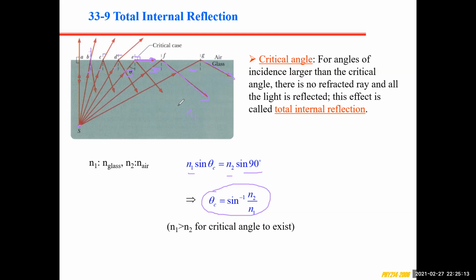Okay, so this is how we use this in fiber optics, because as long as the angle of incidence is greater than the critical angle, all the light ray will be trapped inside this device. No light ray will be outside the device.